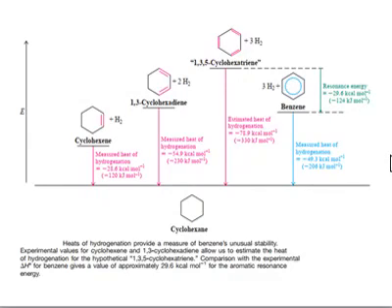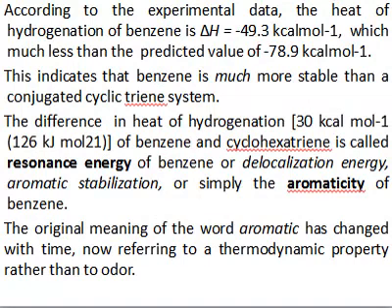So the resonance energy of benzene shows that benzene is almost 30 kilocalories per mole more stable as compared to 1,3,5-cyclohexatriene. It also suggests that benzene is not 1,3,5-cyclohexatriene. So benzene is not just a simple system of double bonds in conjugation with each other, right?